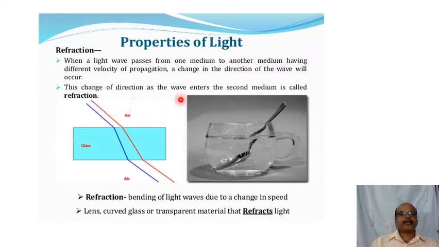This change in direction as the wave enters the second medium is called refraction. This is an incident ray, and these rays are transmitted into the other medium. In reflection, the wave is returned back, but in refraction, the wave passes from one medium to the other medium.